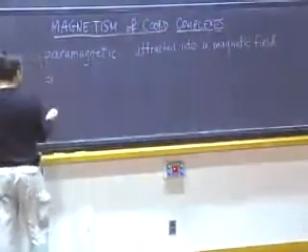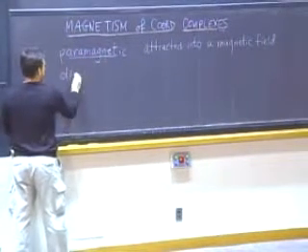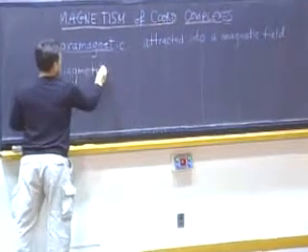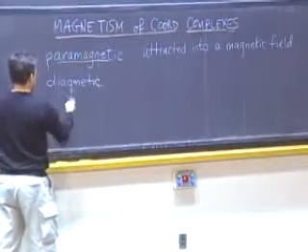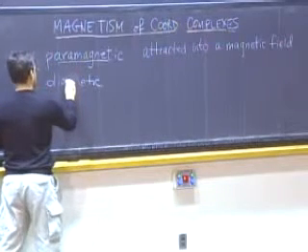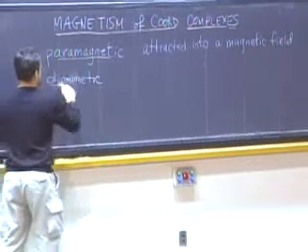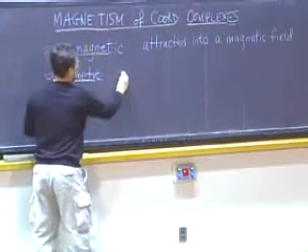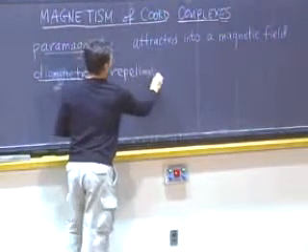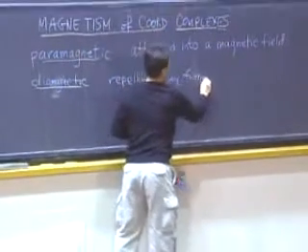And systems can also be described as diamagnetic. And there are many other types of magnetic behavior that we won't be discussing. Diamagnetic means that the substance is repelled out of or away from a magnetic field.